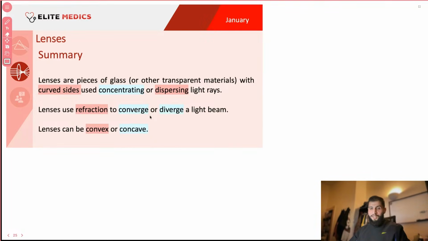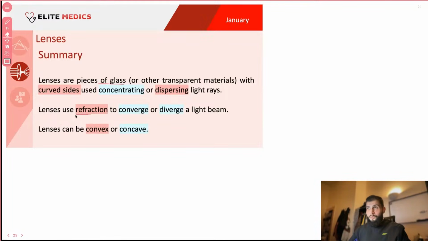Okay, so let's review. Quick summary. So what do we know? Lenses are pieces of glass, and they can either concentrate or disperse light. So they can converge into a single space, or they can disperse. Converge, like what our eyes do, diverge, disperse, like what lights do behind me. Okay?